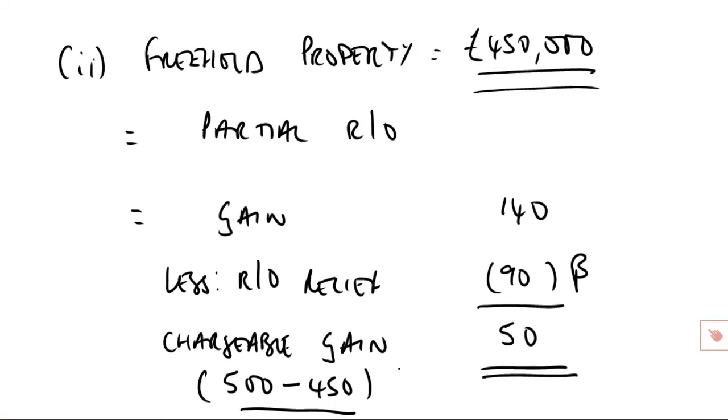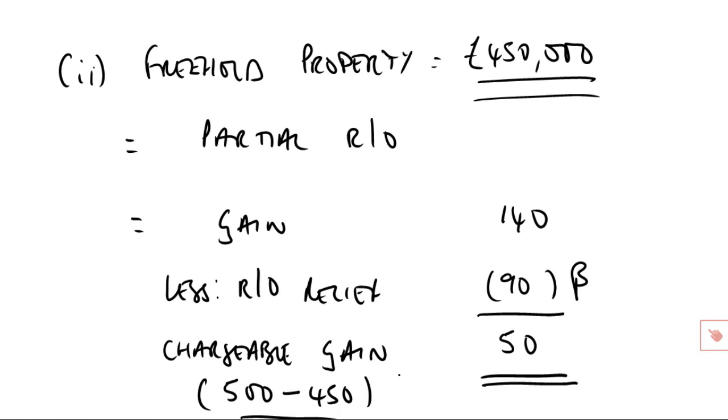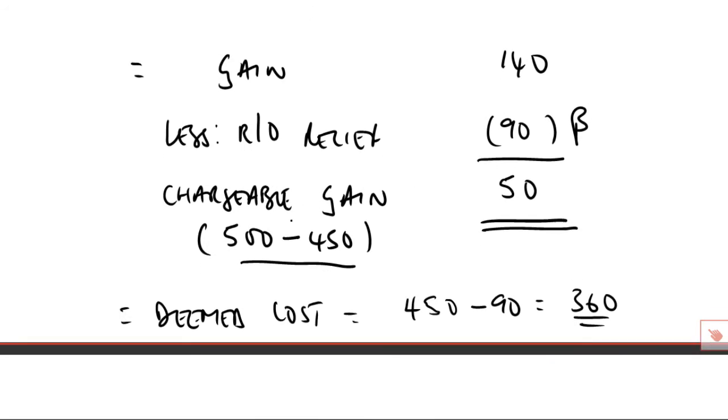At this point in time, still within the 3 years of the disposal date, so still within the relevant window of opportunity for rollover relief to be available as regards a purchase of a qualifying business asset, at this point, we have only reinvested £450. At this point, still £50,000 of our proceeds have not been reinvested, hence that amount of chargeable gain.